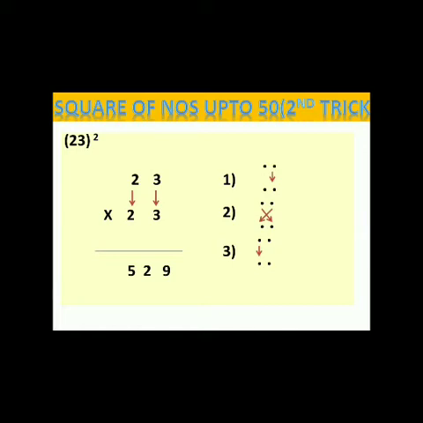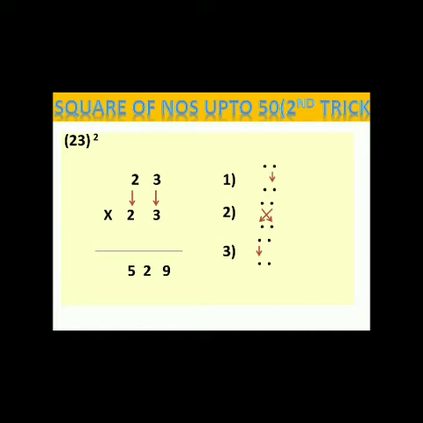So I write only 2, 1 gets carried. Now the third step says you multiply the tens place number with the other tens place number. So 2 into 2 gives me 4 and the one which was carried, so it becomes 5.